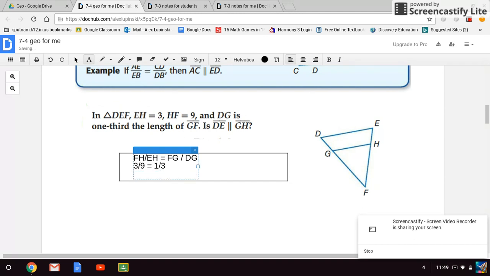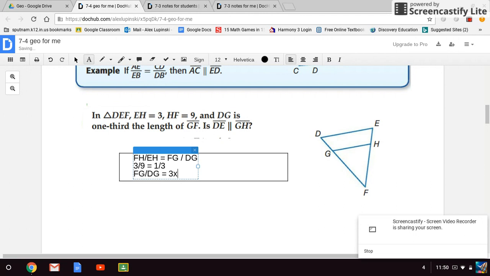So now we need FG and GD to be 1/3. It says that DG is 1/3 the length of GF. So in another way, that's saying that, let's just say DG is X. So we're going to write out FG divided by DG.